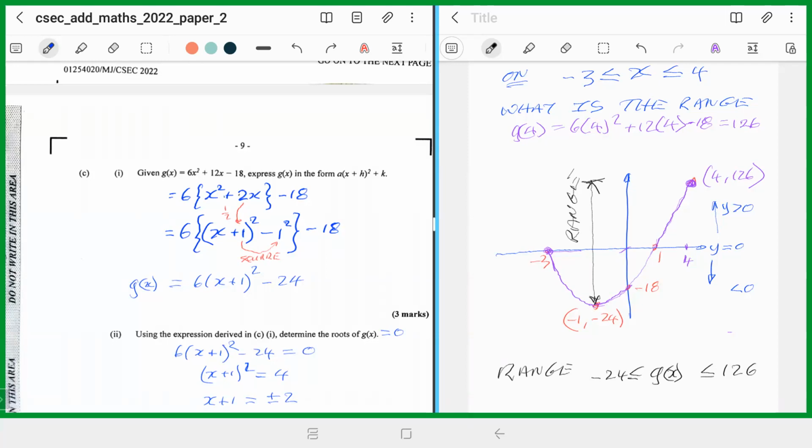Well, luckily it didn't come on the exam. Because it could have come on the exam, because range is a part of it. Why didn't they do it? This is one thing that they maybe would not have asked in CSEC, but it's a part of the ADMAT syllabus to find the range of the function for a given domain.